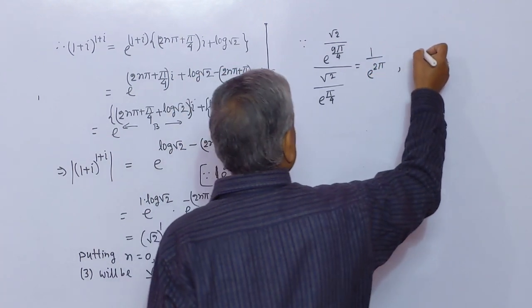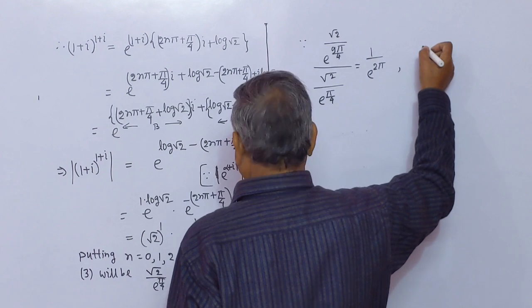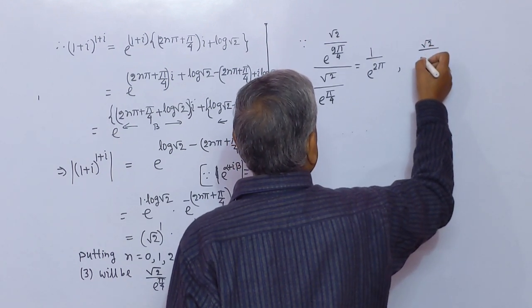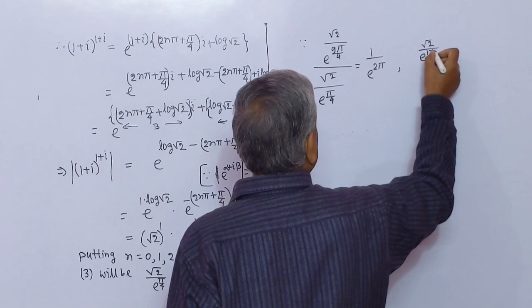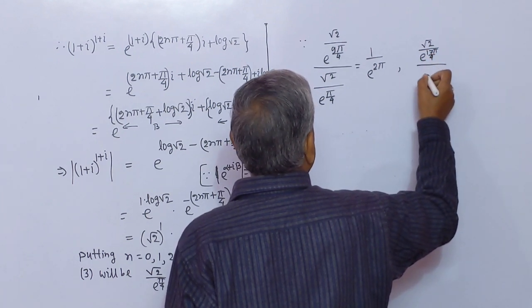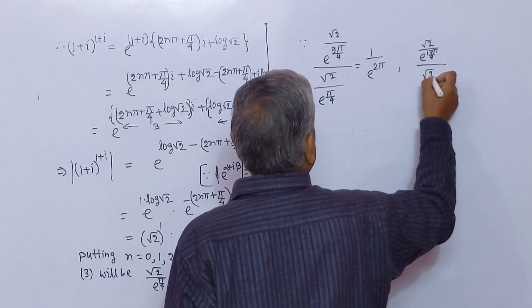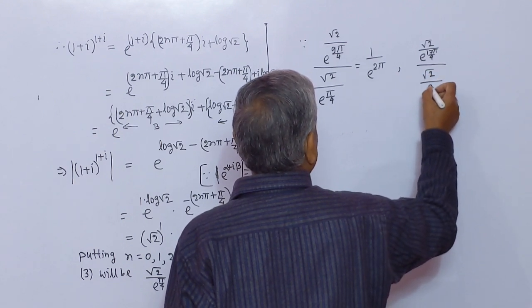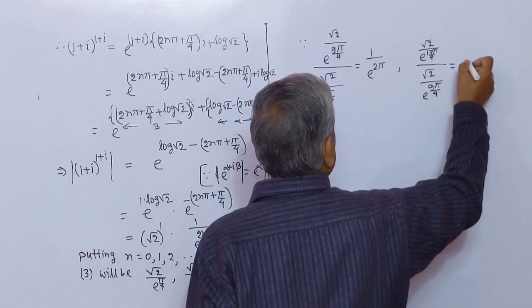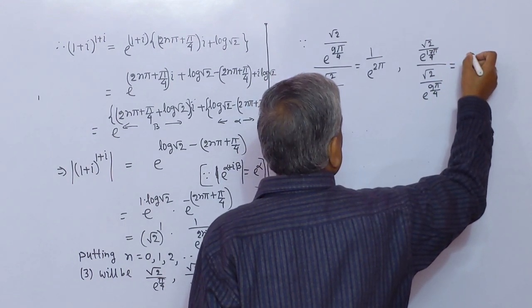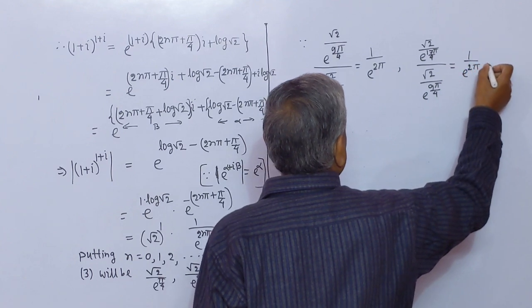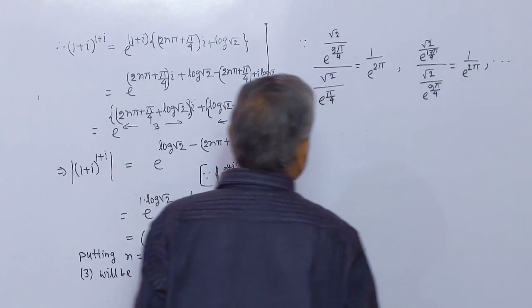Similarly, third term by second term, √2/e^(17π/4) by √2/e^(9π/4), is equal to 1/e^(2π), and so on.